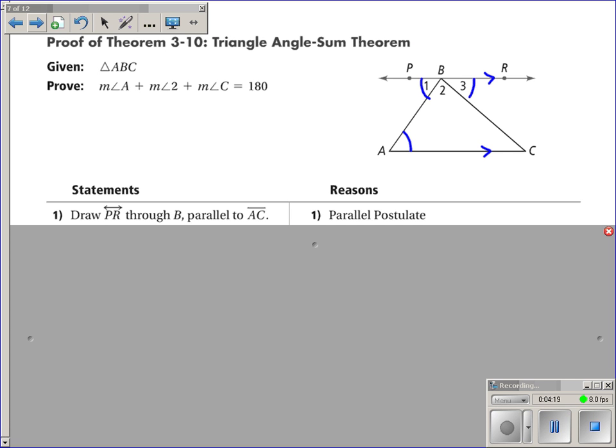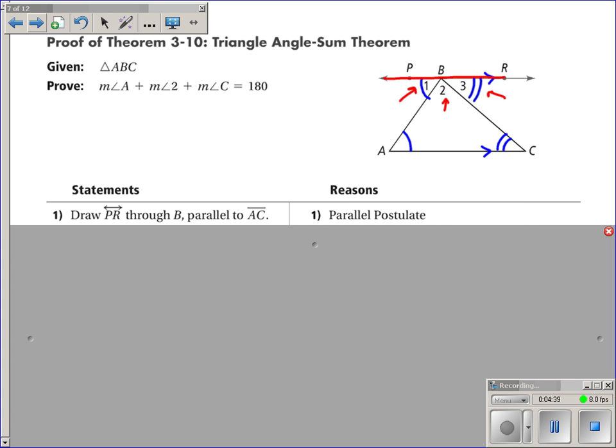Similarly, 3 and C are also alternate interior angles, so they're also congruent. And the other idea that we'll use in this proof is if you add up angles 1, 2, and 3, you should get 180 degrees because they make a straight line.